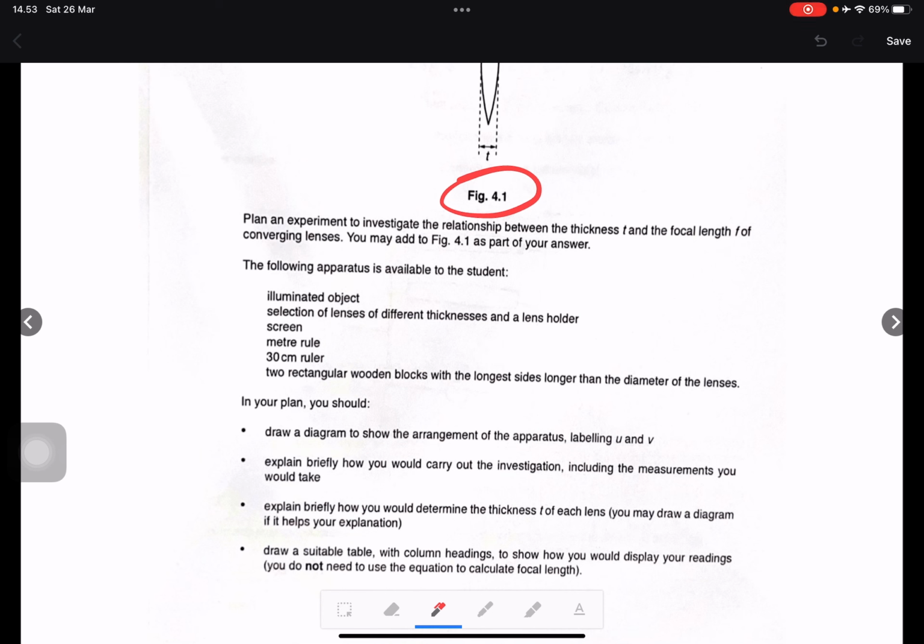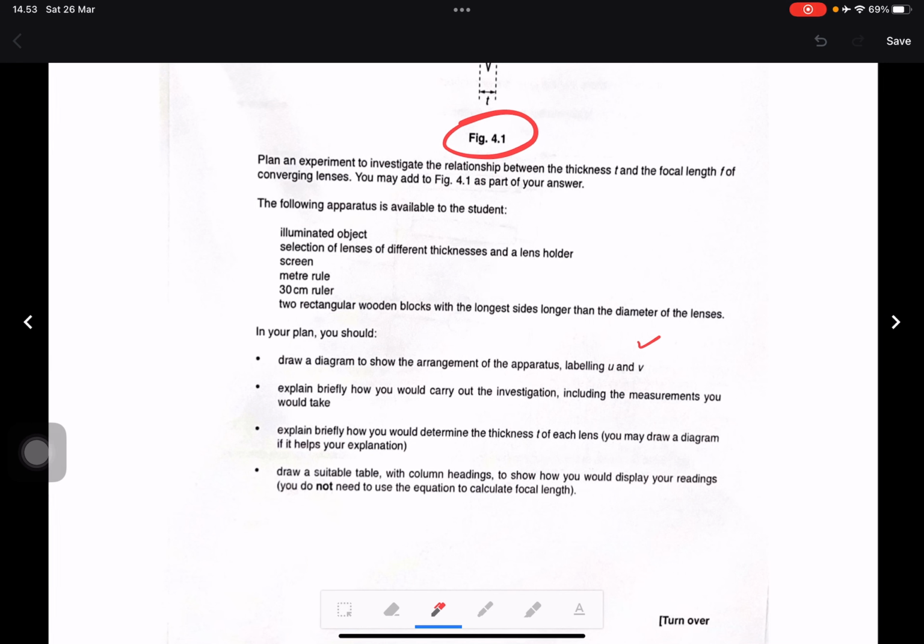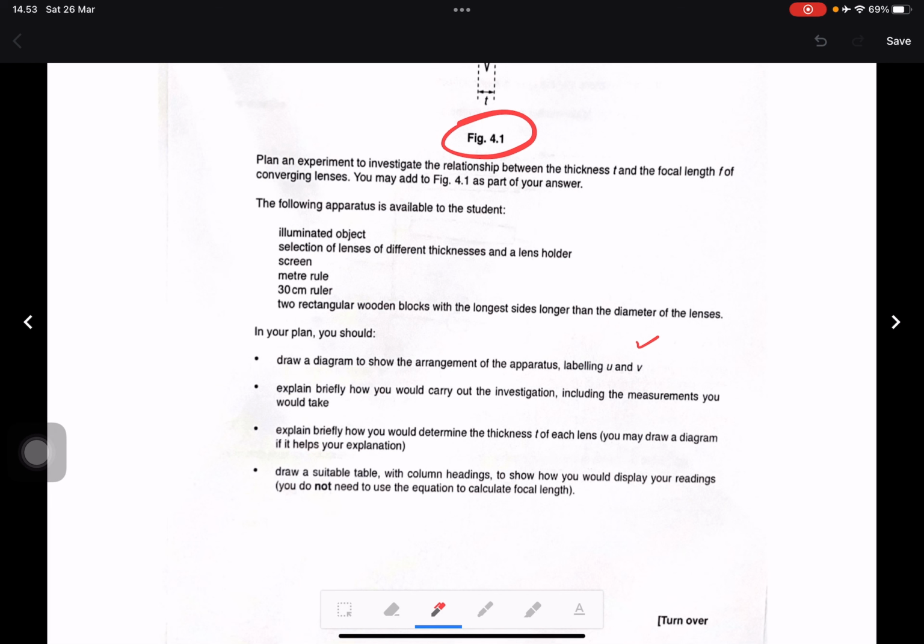In your plan, you should draw a diagram to show the arrangement of apparatus labeling u and v. Explain briefly how you would carry out the investigation, including the measurements you will take. Explain briefly how you will determine the thickness t of each lens. You may draw a diagram if it helps your explanation. Draw a suitable table with column headings to show how you would display your readings. You do not need to use the equation to calculate focal length.